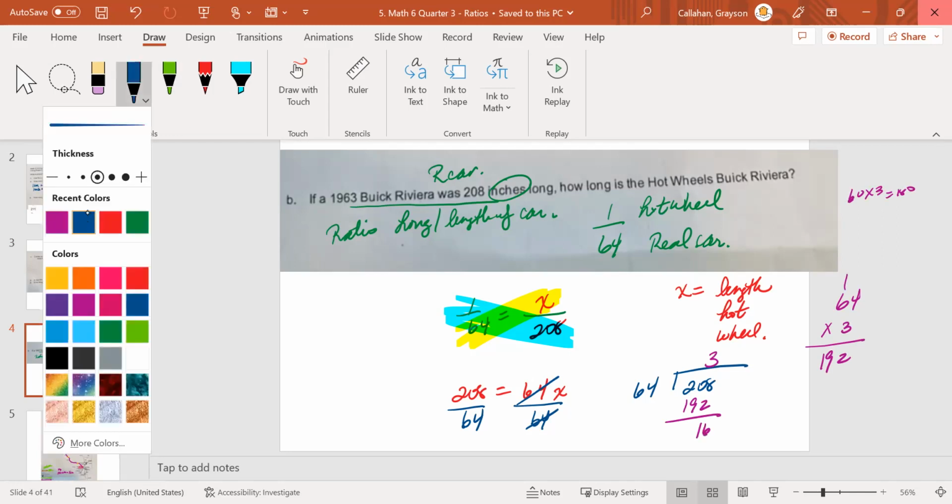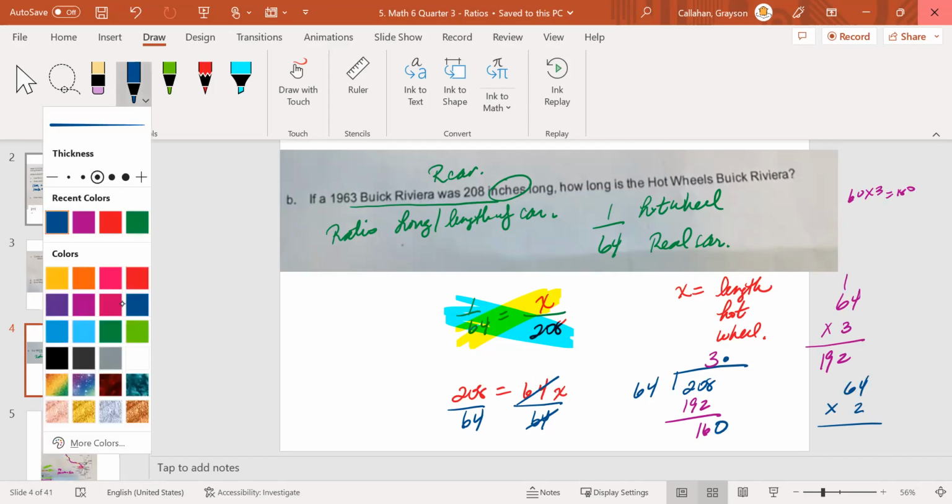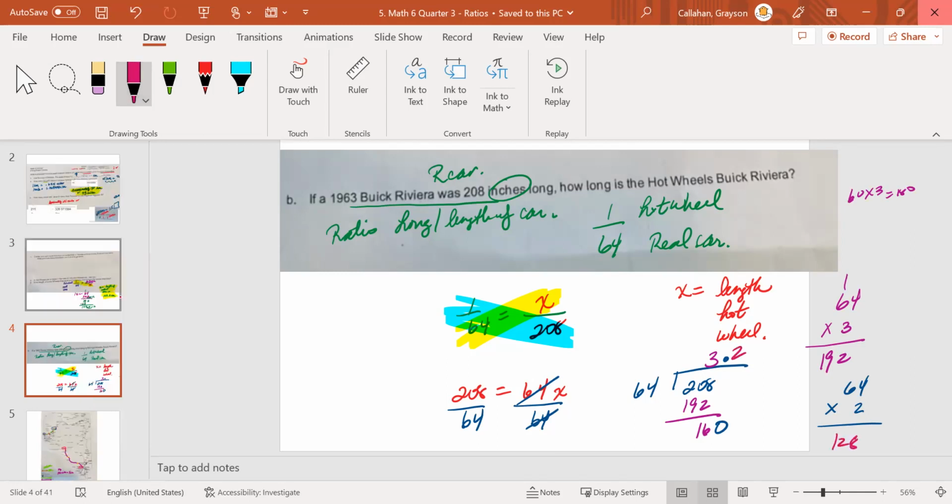Now, you put a dot up here and a 0 here. 64 times what is close to 160? 2, because 60 times 3 was 180, and 180 is too big for 160, so 2. 128, so you put a 2. When you subtract it, you're going to get 32. Put a 0.